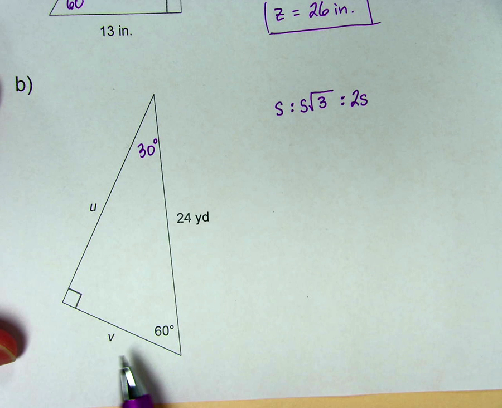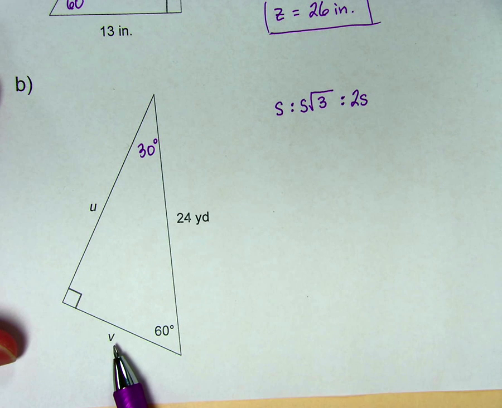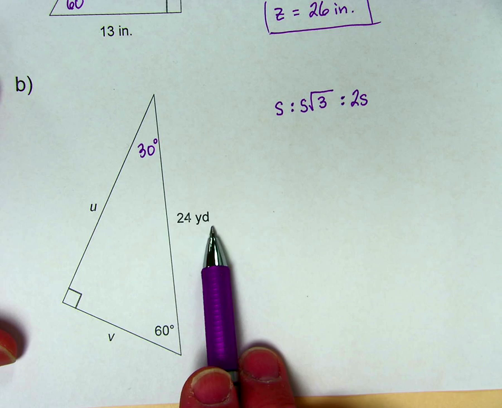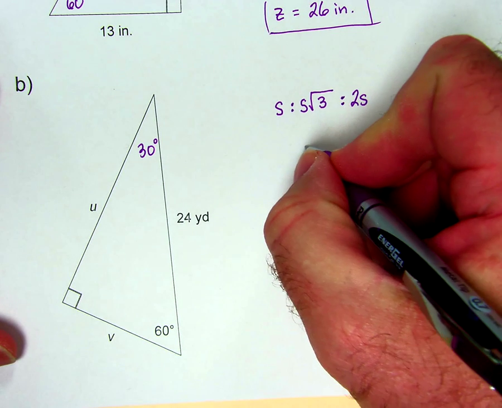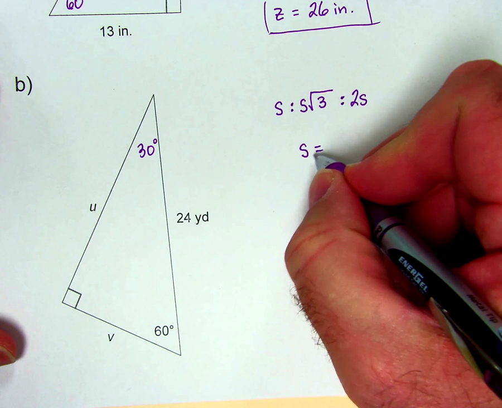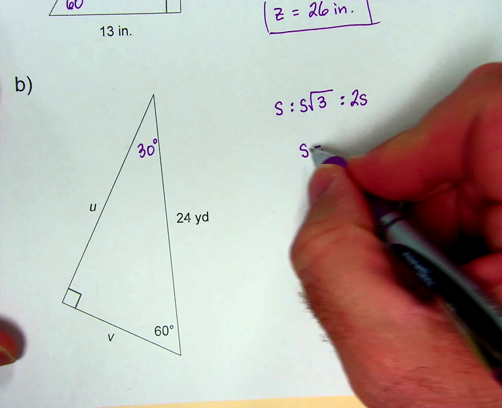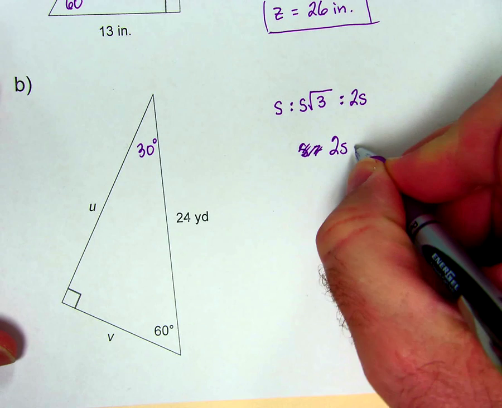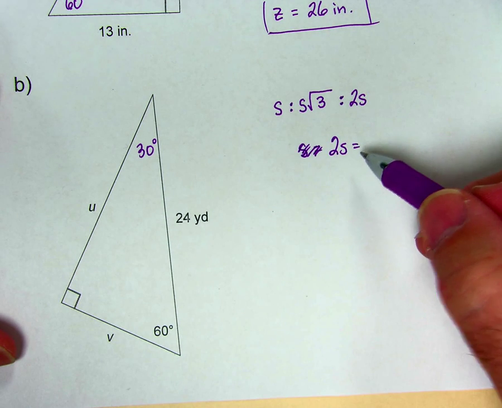In this particular case, V is my shorter leg. It's opposite the 30 degree angle, but I don't know that length. Which side do I know? I know the hypotenuse. So I know that the shorter leg times 2 gives me the hypotenuse.